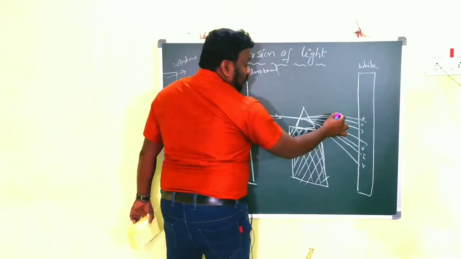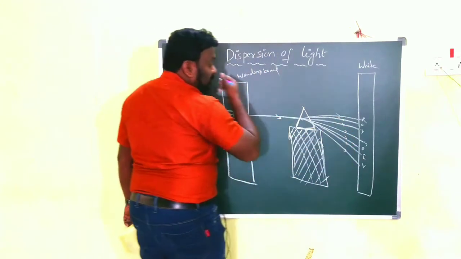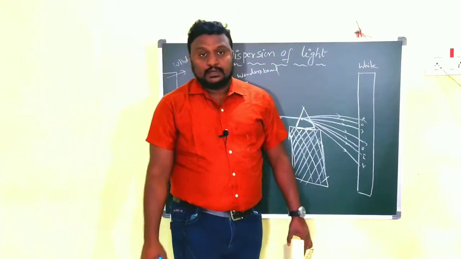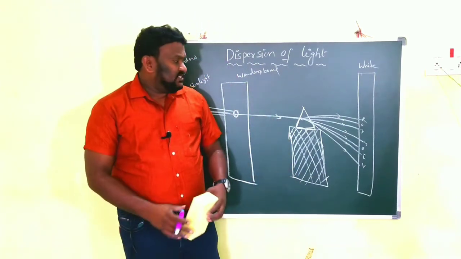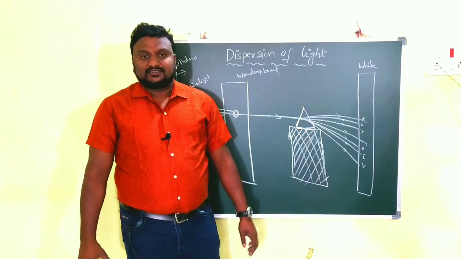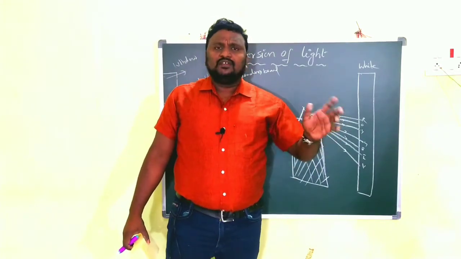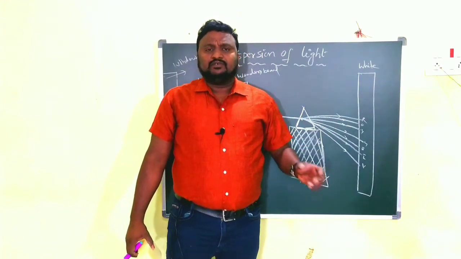So here we find the formation of VIBGYOR on the white wall or white paper. This is one of the best activities to know about the dispersion of light. Clear? Simply within our home we can do the experiment, but we need a prism.